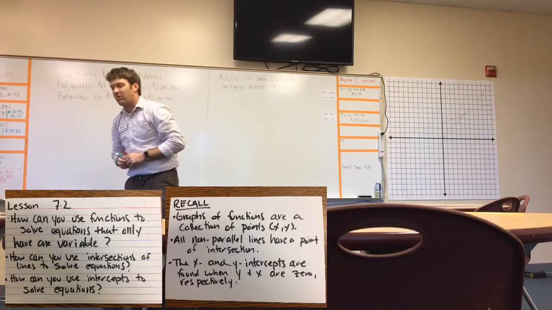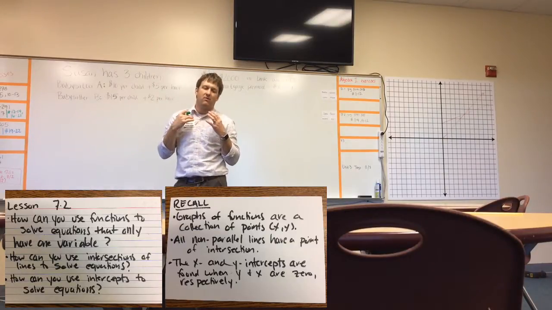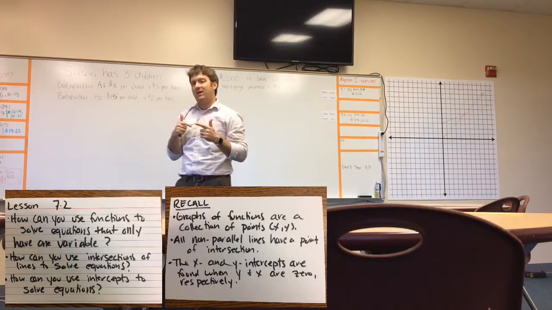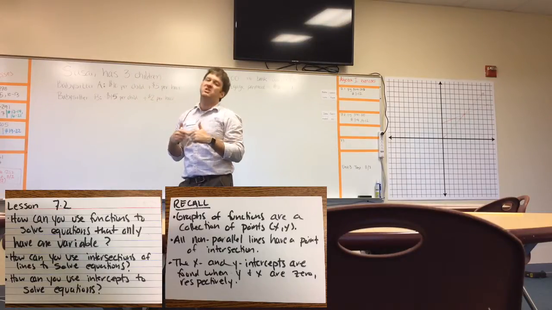First thing we want to do is write a function rule for each babysitter. I'm going to use A of H and B of H, where H is hours.